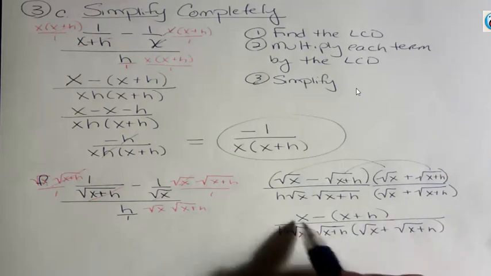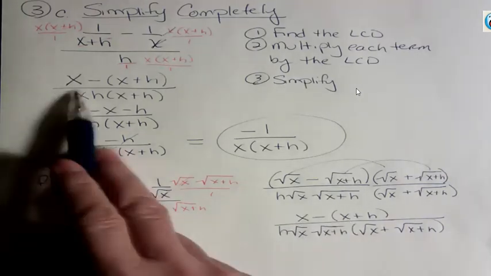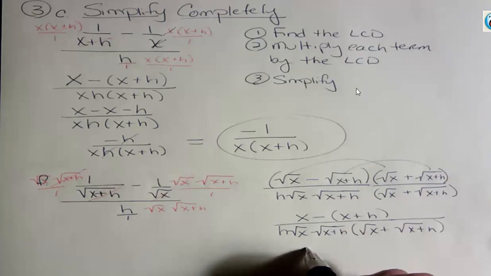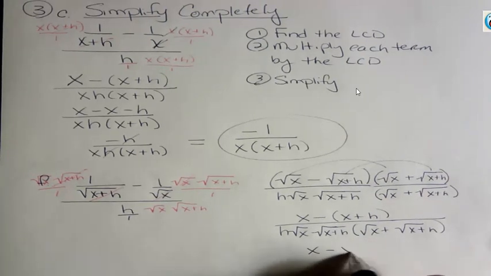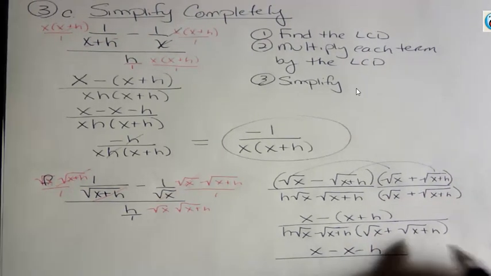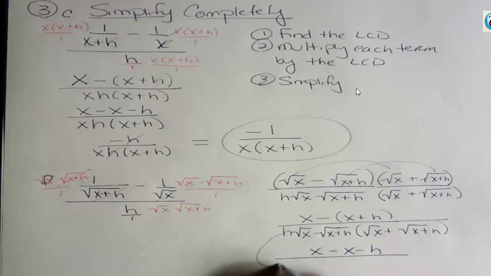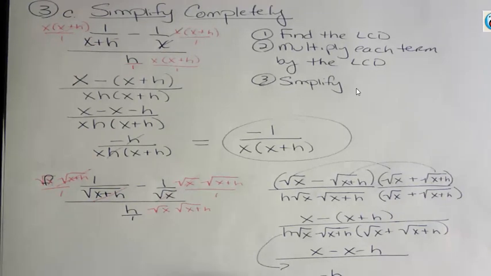Now I have x minus x again. This is just like what we had up here, right? I have x minus x over all that stuff. And now x minus x is gone. I have negative h over h square root of x plus h, and all this stuff.